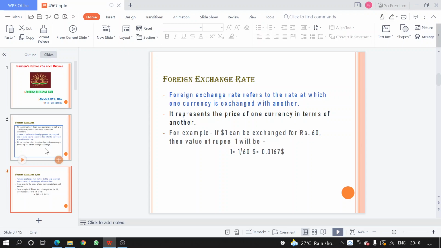Foreign exchange rate refers to the rate at which one currency is exchanged for another, or you can say it represents the price of one currency in terms of another. For example, if I want to purchase $1, I have to pay 60 rupees. It means the exchange rate is $1 equals 60 rupees.